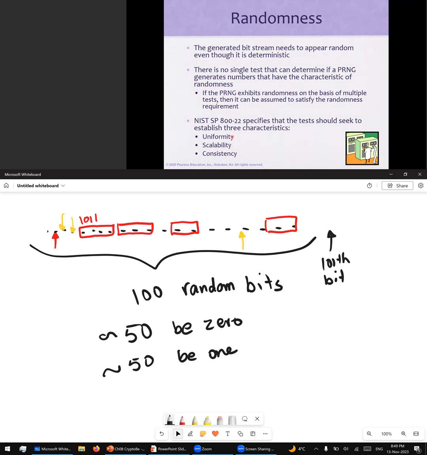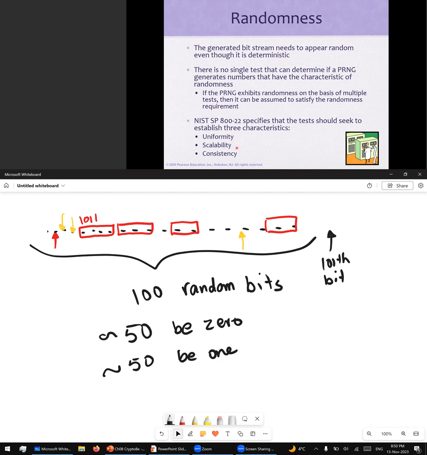And we said uniformity basically means that we want roughly the same number of zeros and ones in our generated random sequence. In other words, 50% or close to 50% of the values should be zero and the other should be ones.